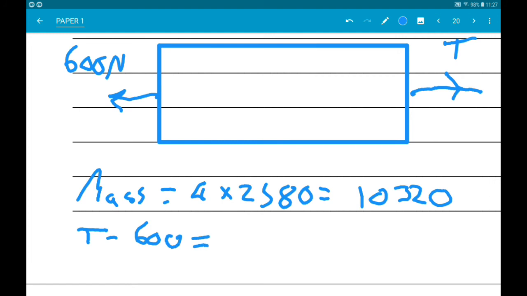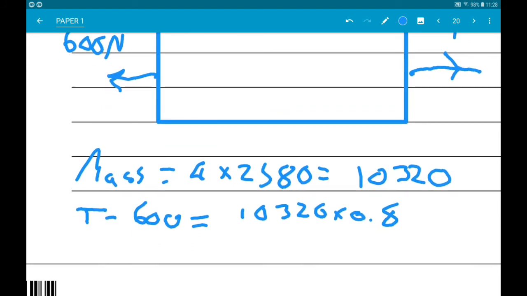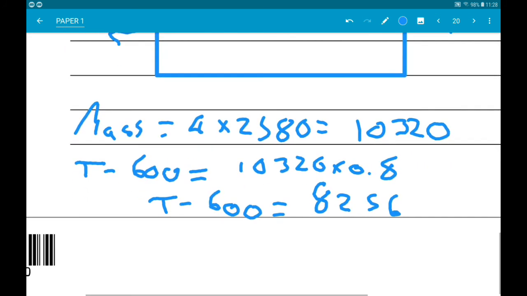Now we know that same force is mass times acceleration, so 10,320 times 0.8. So T minus 600 is equal to 8,256. So add the 600, T is 8856 newtons.